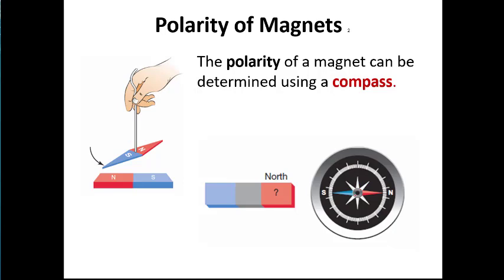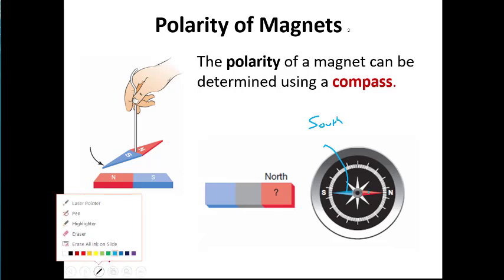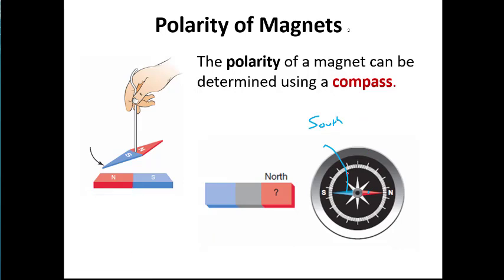The blue is the south pole on the compass's magnet, and the red here is the north pole on the compass's magnet. And this is allowed to spin.